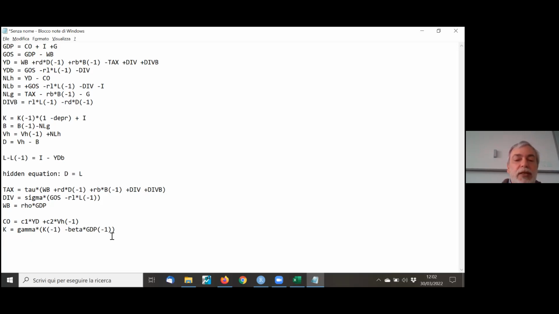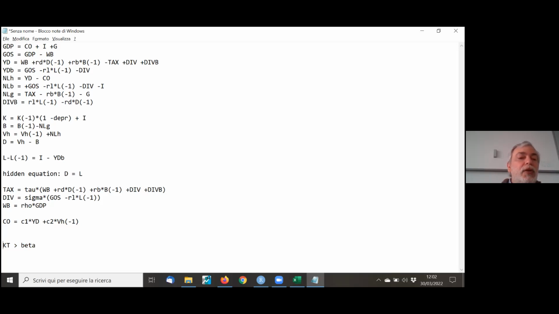So let's say that KT is the total stock of capital which is available, and let's call this beta the capital productivity.